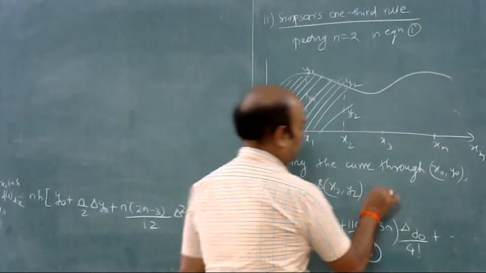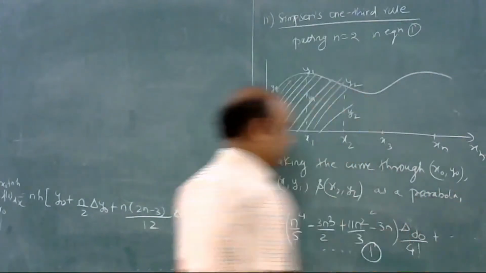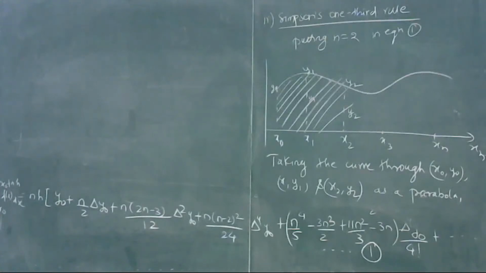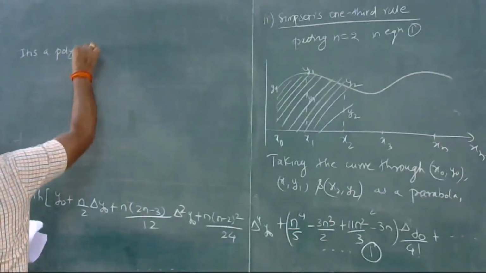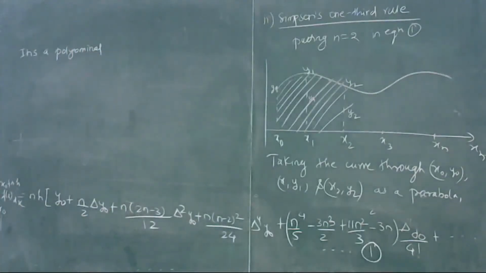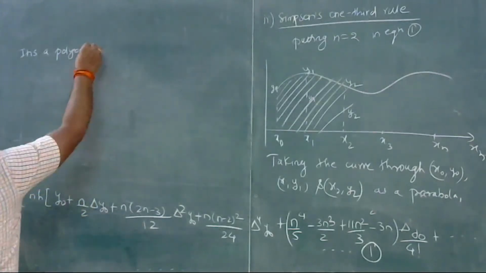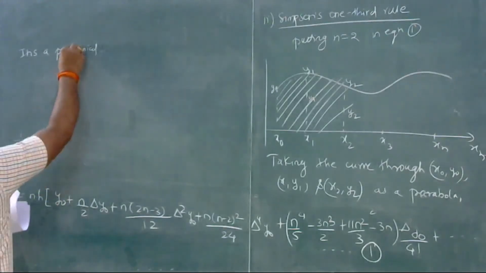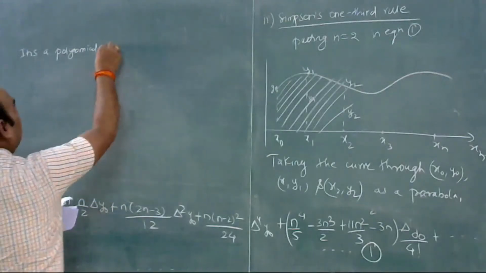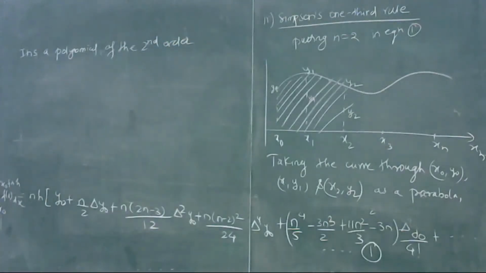So it is a polynomial of second order. So this is a polynomial of second order.